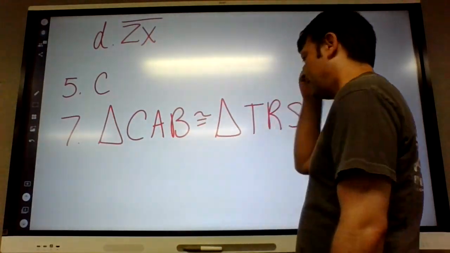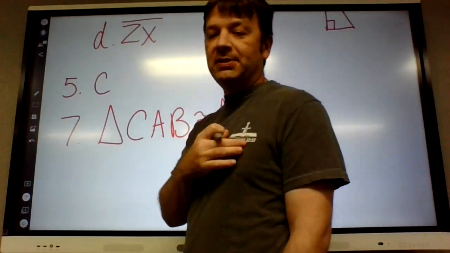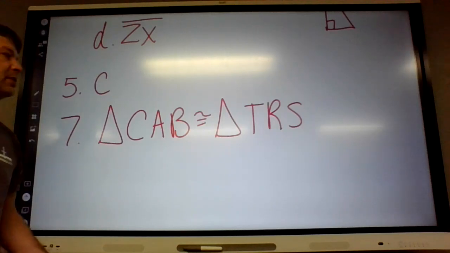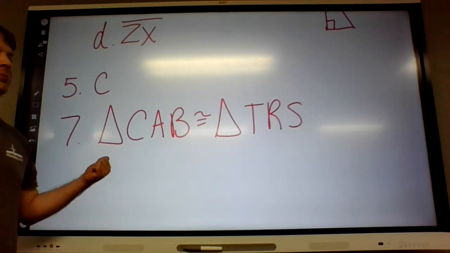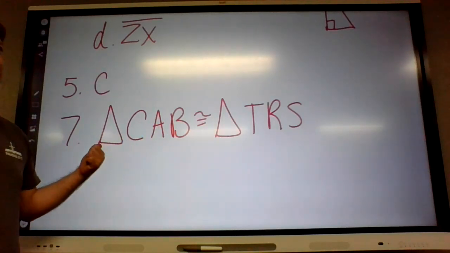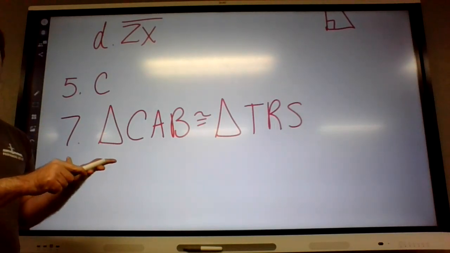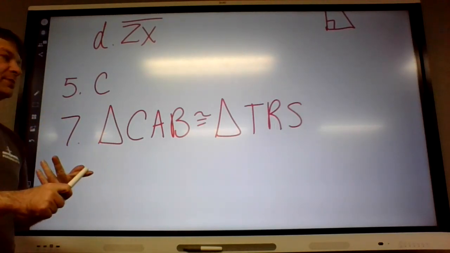Number 7 says name the congruent corresponding parts if these two triangles are congruent. So how many congruent parts should there be between two triangles that are congruent? 6. Remember this? There's 3 sides that are congruent and 3 angles that are congruent.